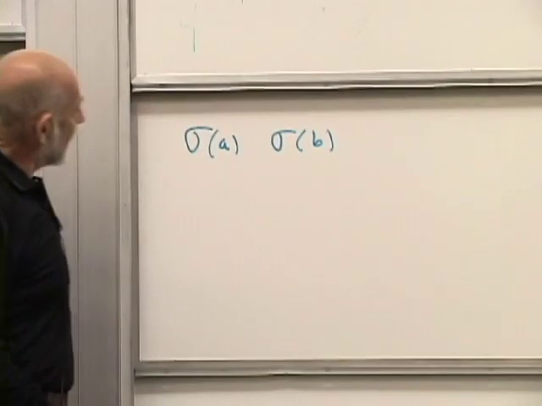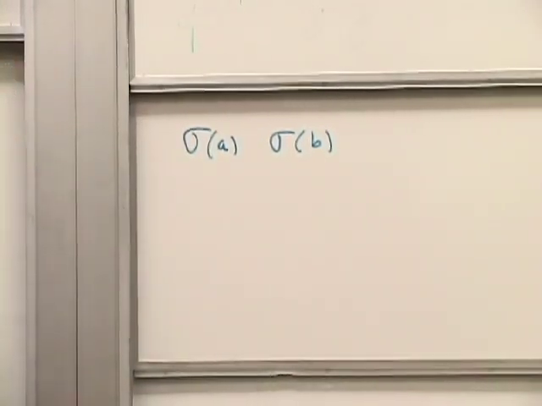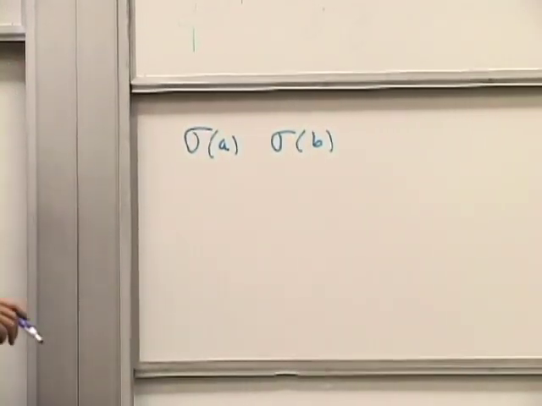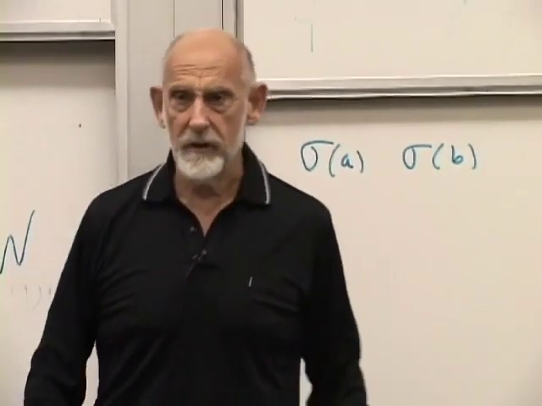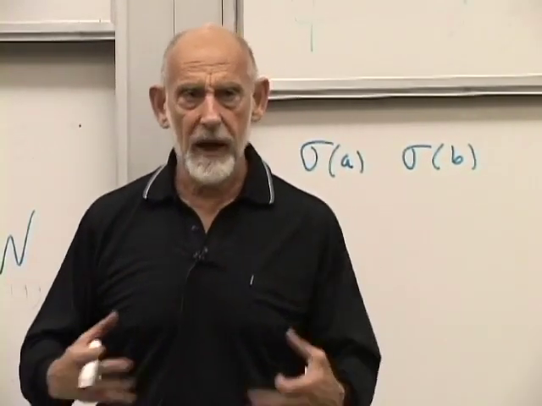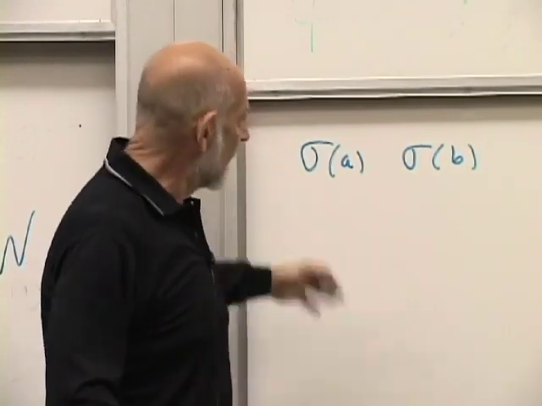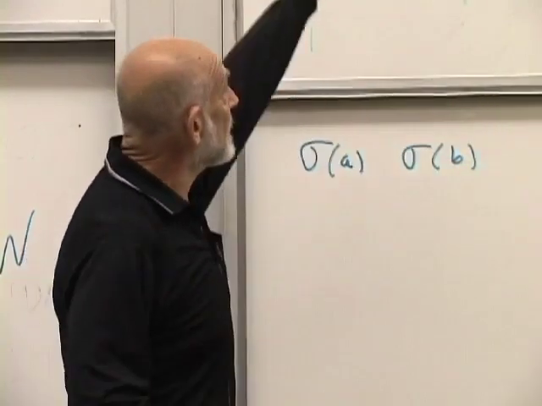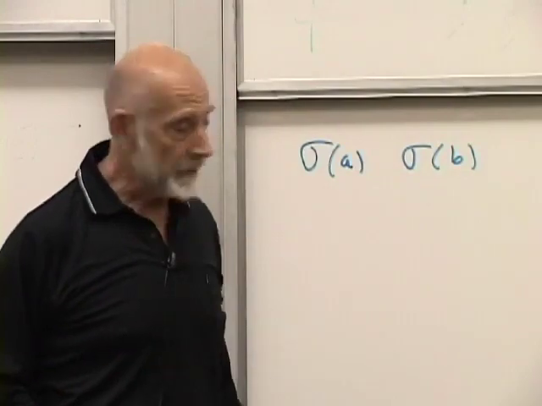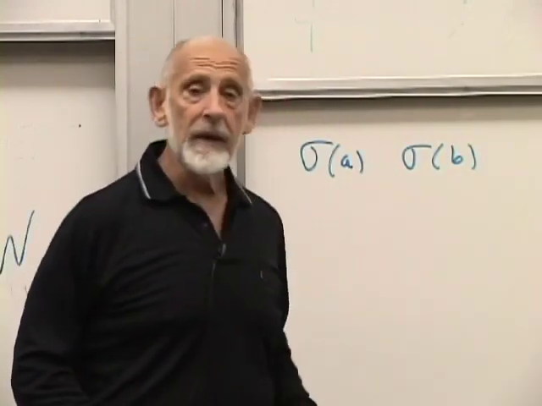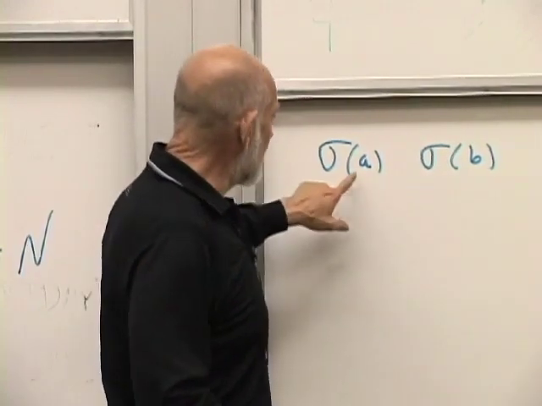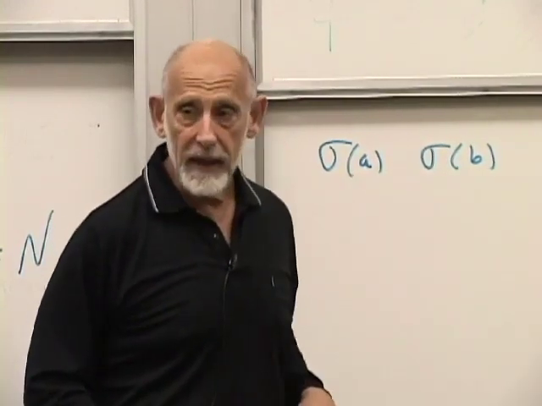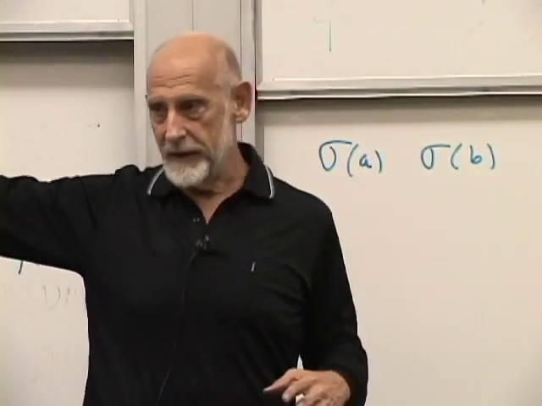So supposing we freeze sigma A to be up, and now we look at sigma B. Well, the sample has been biased by sigma A, and we're in the magnetized phase, we're below the critical temperature, and so what's going to happen is sigma B will, on the average, be in the same direction as sigma A, but right out to infinity.